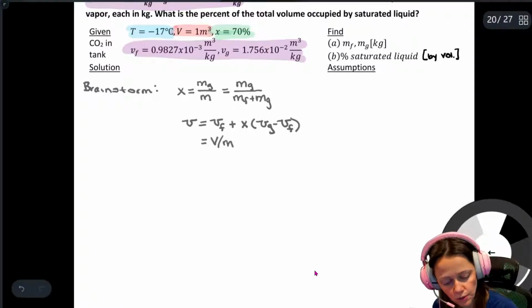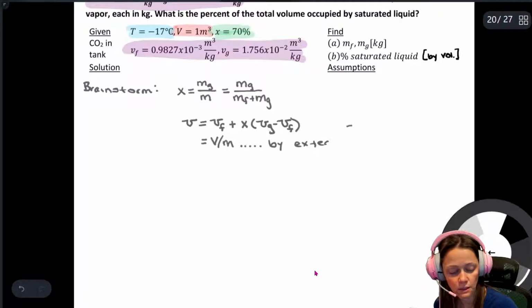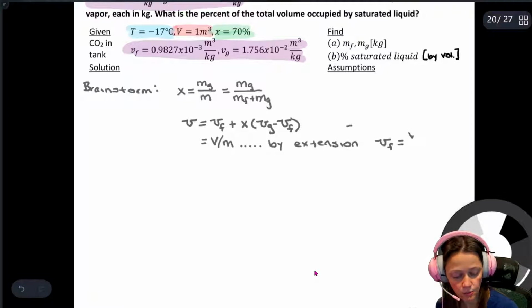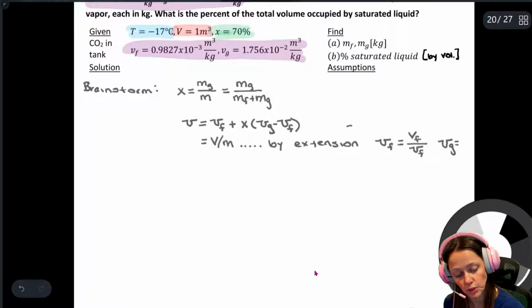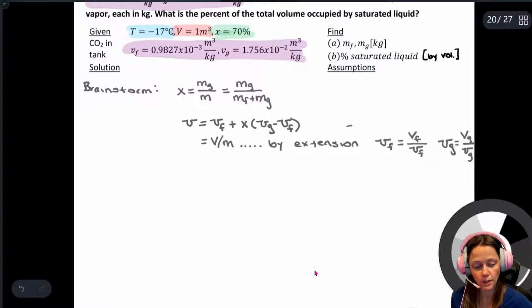But you could also define, by extension, that V sub F is equal to the volume of that saturated liquid over the mass of the saturated liquid. And you could also say the same thing for the saturated vapor. It's the volume of that saturated vapor over the mass of that saturated vapor.